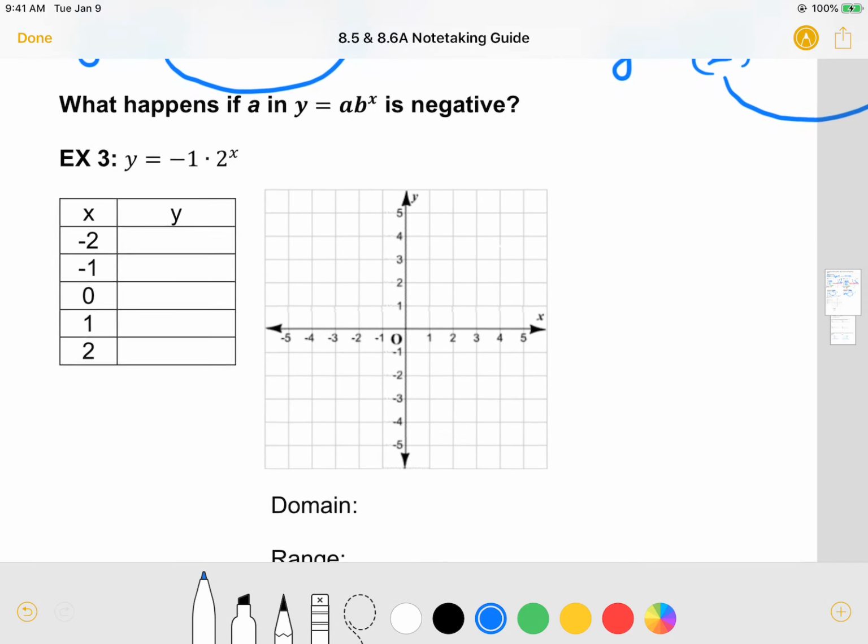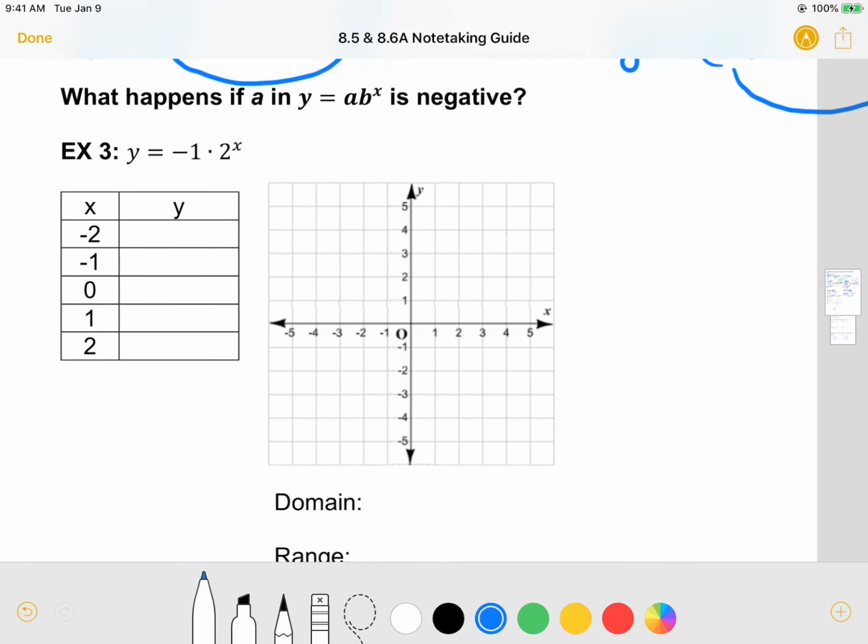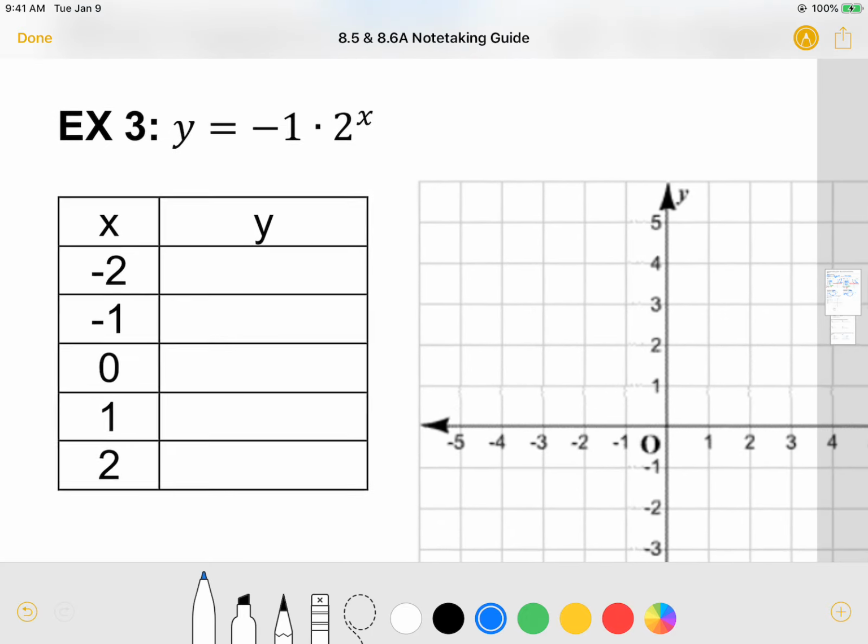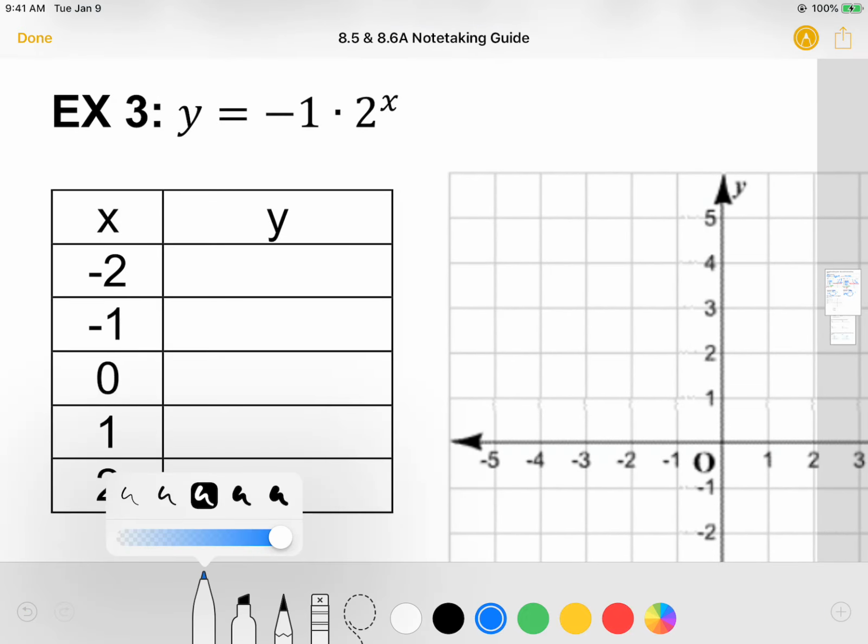So let's look at example 3, and we're going to talk about what happens if a is negative, okay? So we're going to make a table, and let's start by plugging in the point -2. So what this is going to look like is -1 times 2 to the -2.